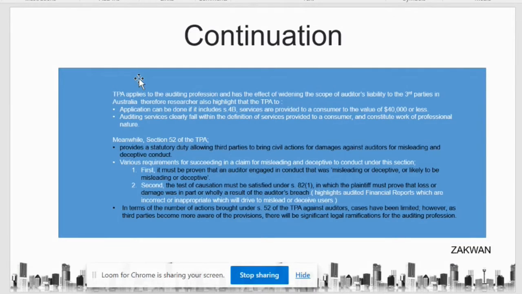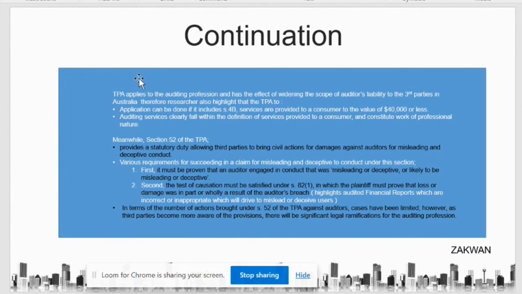Second, the test of causation must be satisfied under Section 82(1), in which the plaintiff must prove that loss or damage was in part or wholly a result of the auditor breaching the contract. The audited financial reports, in other words, are incorrect or inappropriate, which will mislead or deceive users, as we all know.